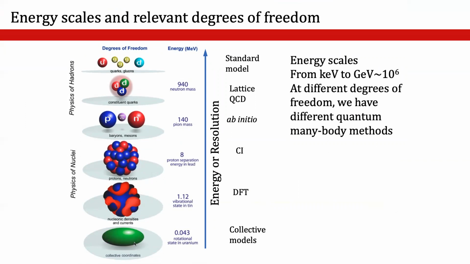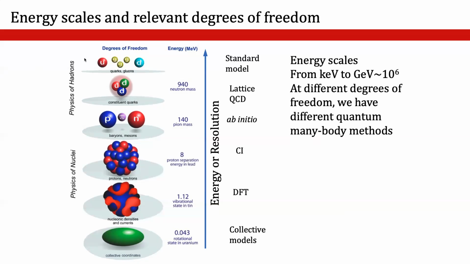As we mentioned on the last slide, at different degrees of freedom, we have different quantum many-body methods, like QCD, DFT, and the collective models. Just like walking to MSU doesn't make sense, it's clear that computing the rotational state in deformed heavy nuclei from quarks and gluons would be too difficult.